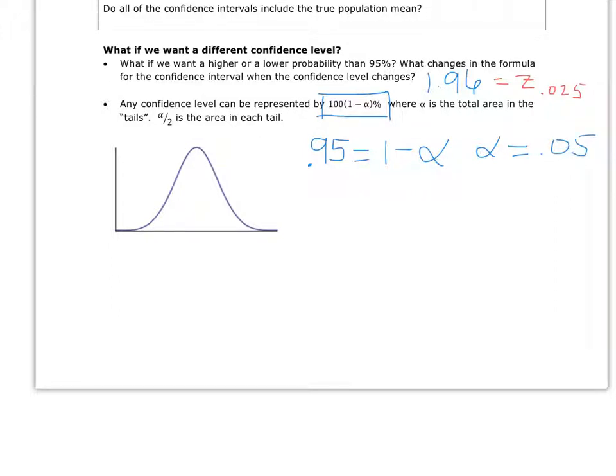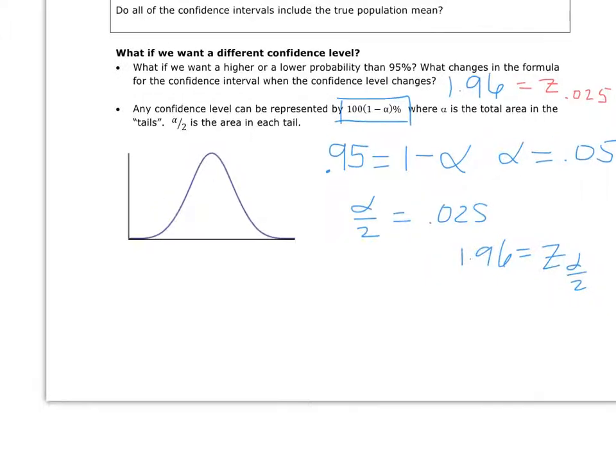And if we go a step further, alpha over 2 is the area in just one of the tails. So that's 0.025. And we said that 1.96 was equal to Z sub 0.025, or in general, Z sub alpha over 2, if alpha is 0.05 and our confidence level is 95%.